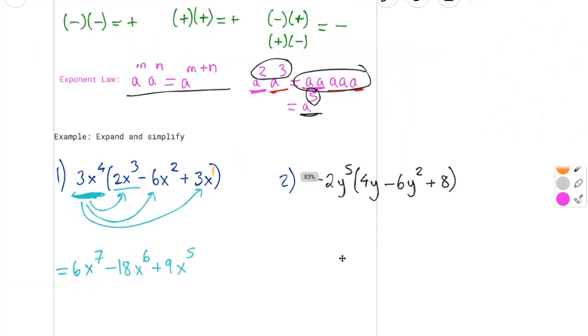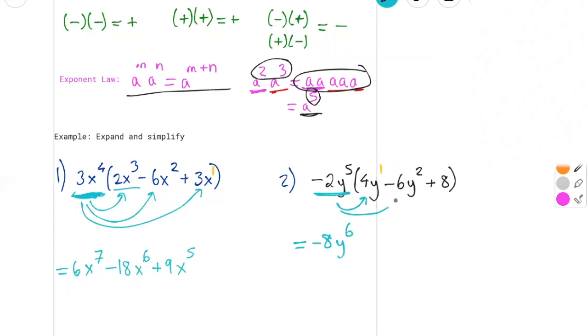Okay, so over here, let's do this one. Multiply first. Negative 2 times 4 is negative 8. Y to the 5 times y. There's no exponent on y. It's assumed it's 1. Y to the 5 times y to the 1 is y to the 6.